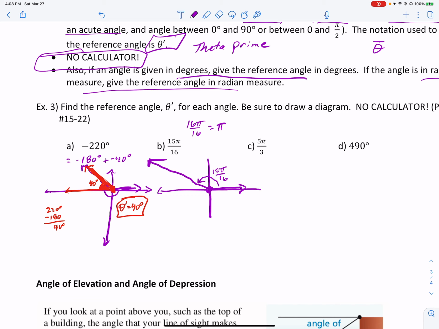And once again, the reference angle has its vertex at the origin. The terminal side is one of the sides, and then use the positive x-axis or the negative x-axis, whatever creates an acute angle. In this case, it's going to be over here again, and this angle is my reference angle. Now I need the value of it.